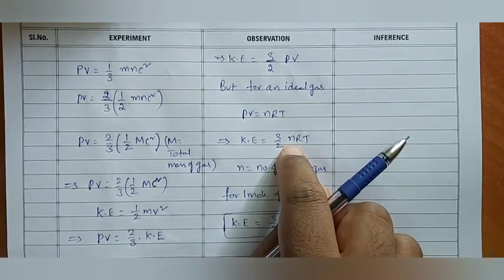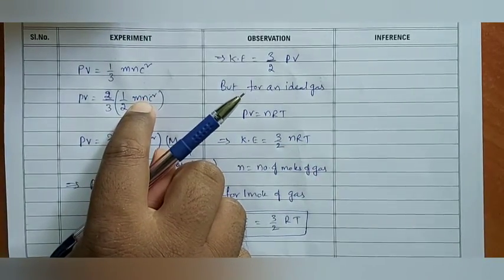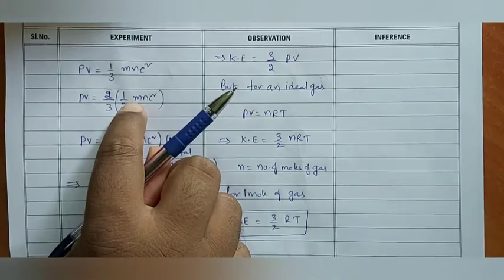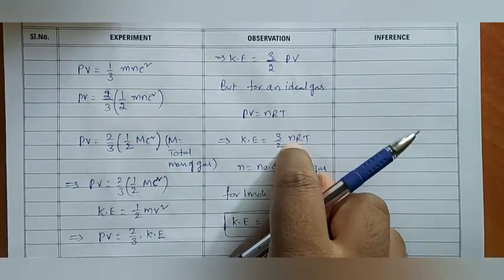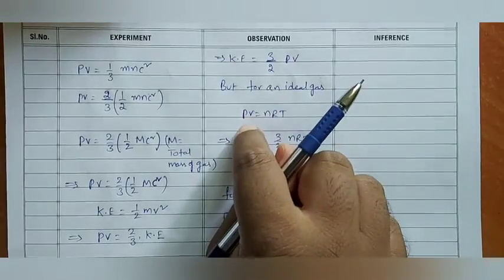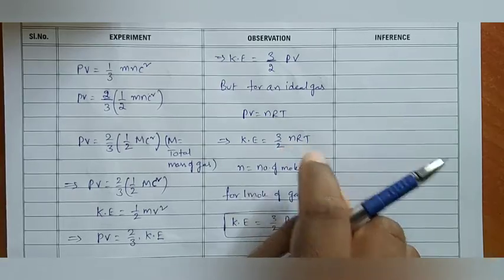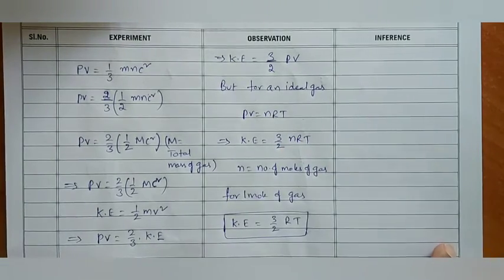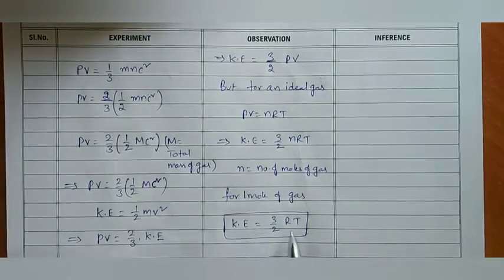Please be particular about that one. Here N is number of molecules of the gas, m is mass of each particle, each molecule, it will become capital M. But here this n is obtained from PV is equal to nRT, where n is called number of moles of the gas. This is for 1 mole.